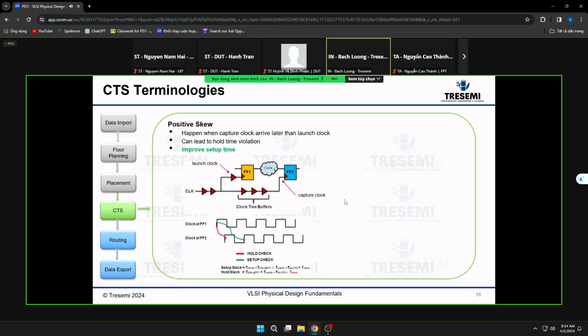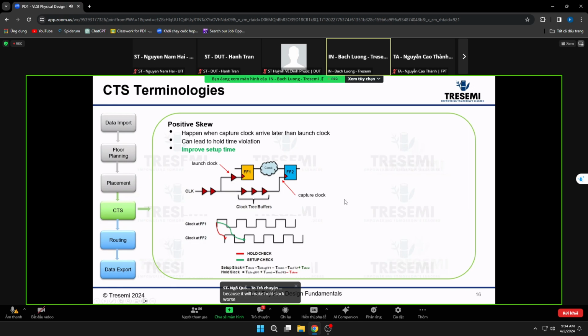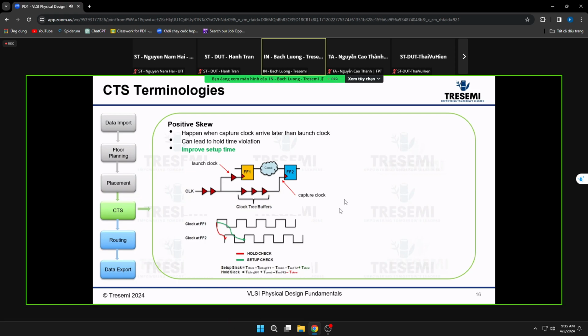Why not? You can chime in on the chat before I go to the next slide. Okay, someone says it will make the hold slack worse. That is correct, you can see it in the formula here. And it also makes your chip slower, correct?